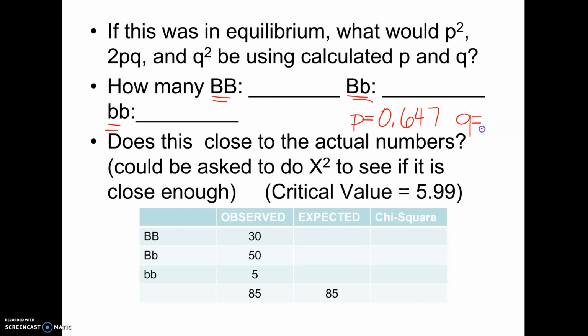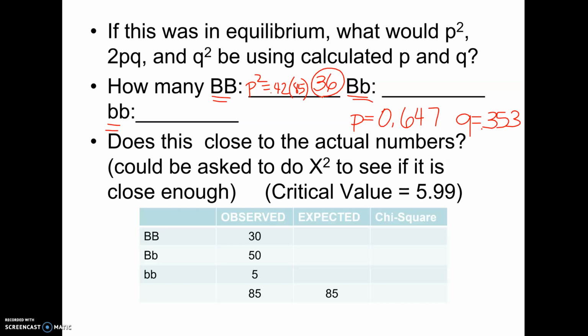And Q is 0.353. So these are the correct P and Q. So if I do P squared, 0.647 squared, I get 0.42. And if I multiply that times my 85 individuals in the population, I get an expected 36 should be big B out of my 85.